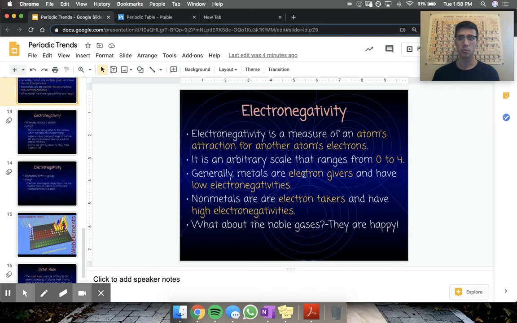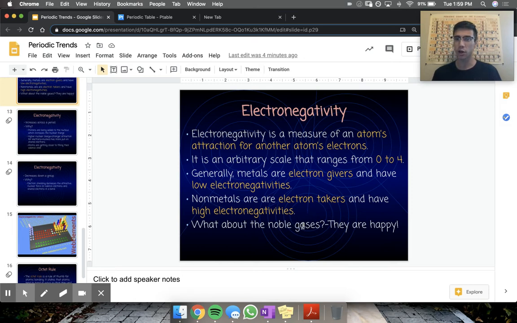But generally, metals are electron givers, which means they have low electronegativities. They're unlikely to take electrons away. And nonmetals, things like nitrogen, oxygen, fluorine, the halogens, they are electron takers, and they're more likely to have high electronegativities. Okay, they're likely to take electrons away from other atoms.